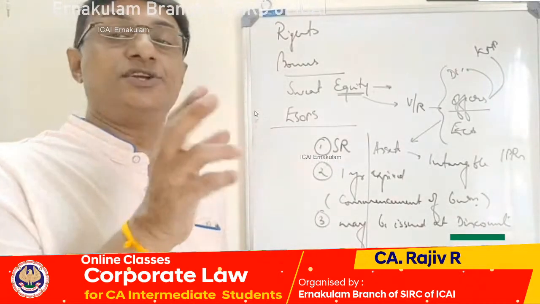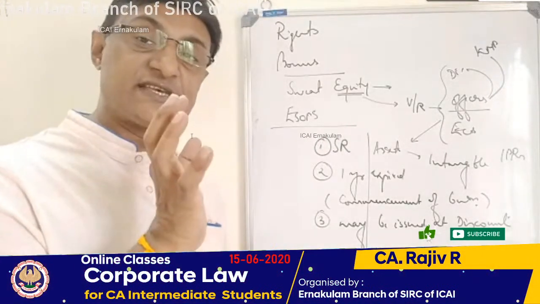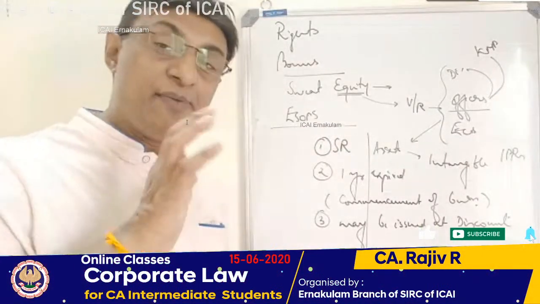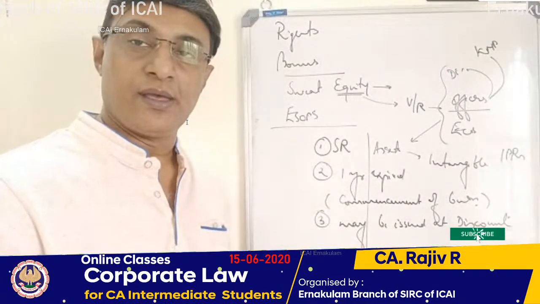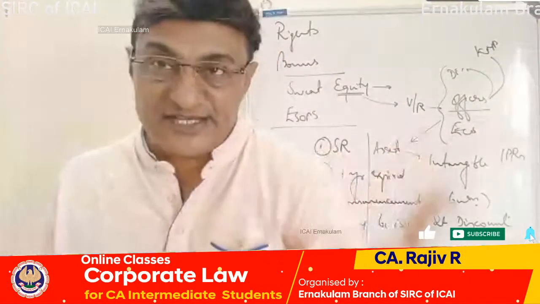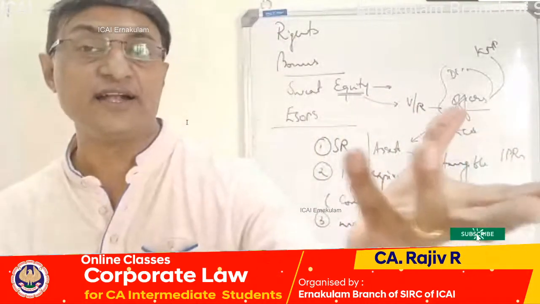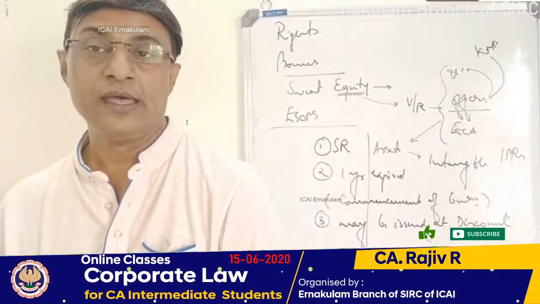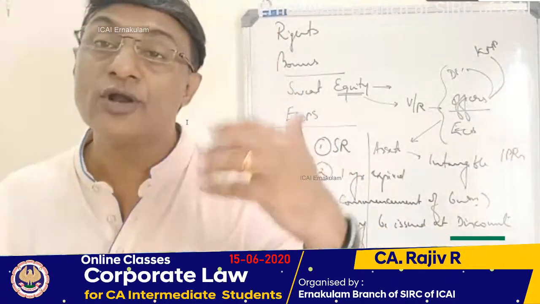I made a connection in the last class: when you say discount, I am referring to discount to face value. If there is a 100 rupee face value share of a listed public company having a ruling market price of 365, it may be issued at less than 365, but not less than 100.